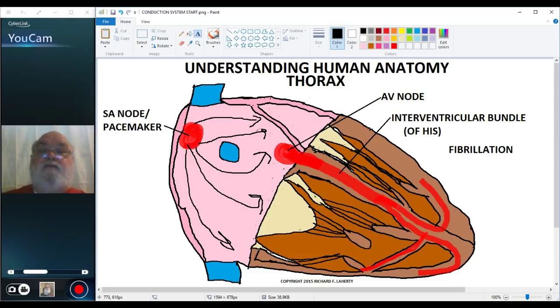Moderator band is part of this system and brings the signal to contract to the ventricular musculature. That concludes our discussion of the conduction system of the heart.